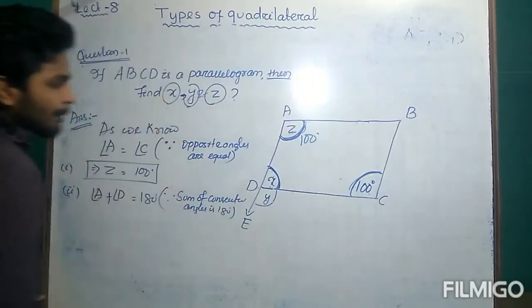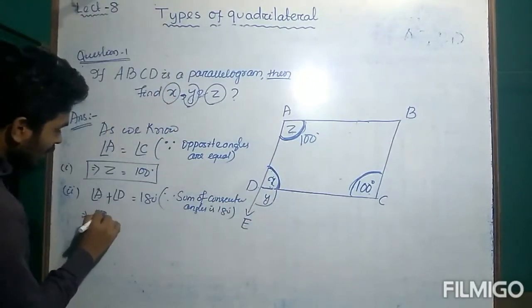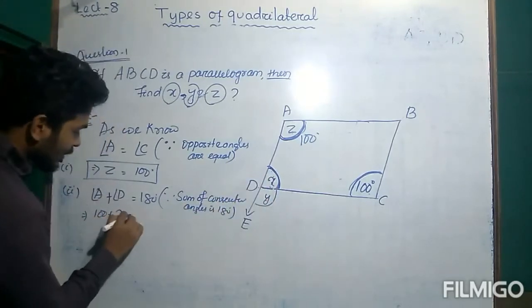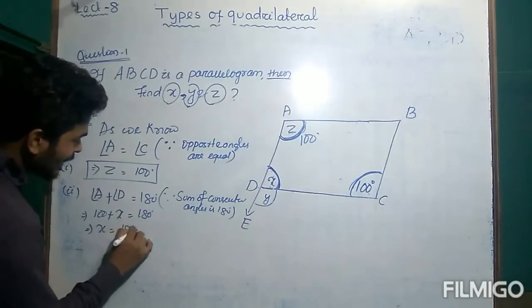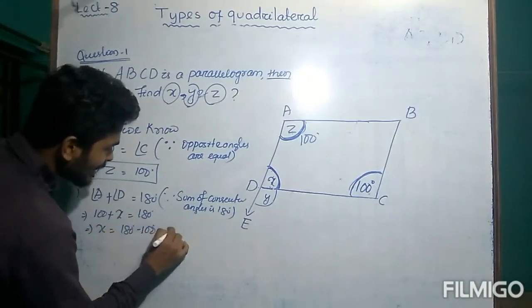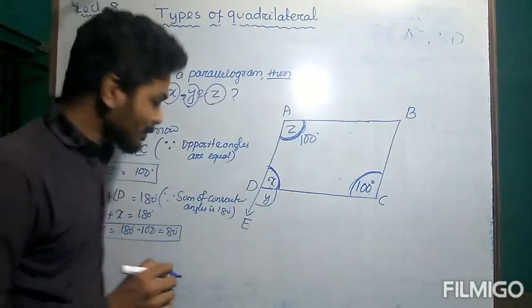Angle A is 100, angle D is x, so x is equal to 180 degree minus 100, that is 80 degree. So now we get the value of x.